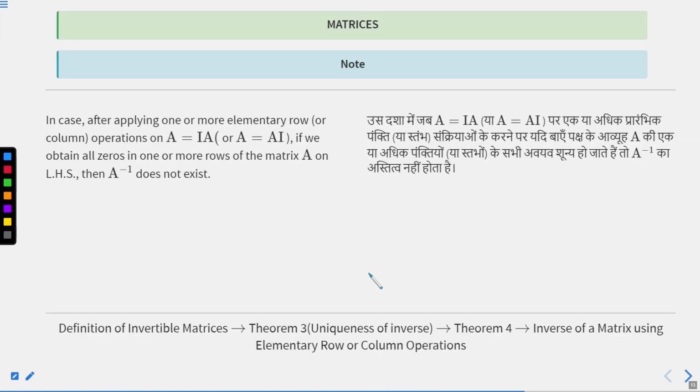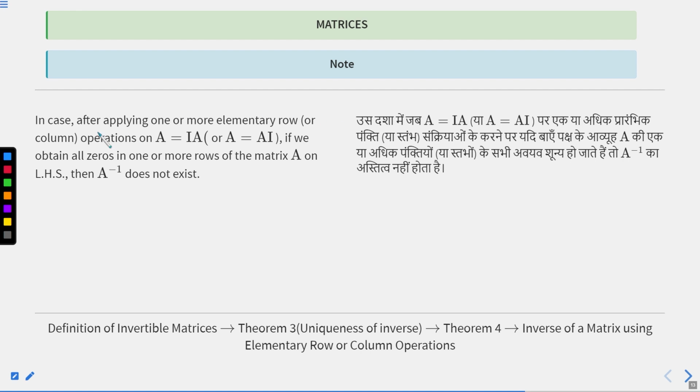So let us see. We are mainly focusing on row operations. After applying one or more row operations, if we obtain all zeros in one row of the matrix A on the left hand side, then A inverse does not exist. Please keep this point in mind.